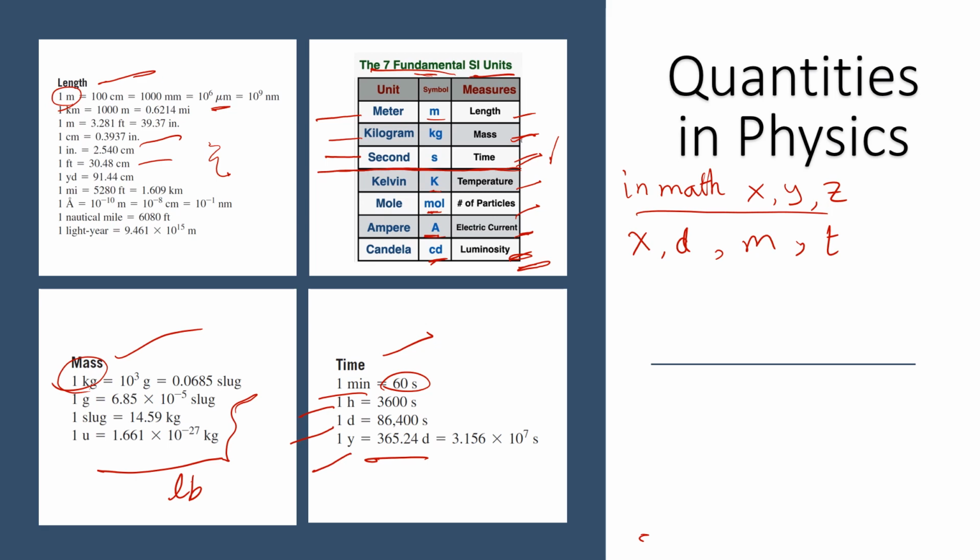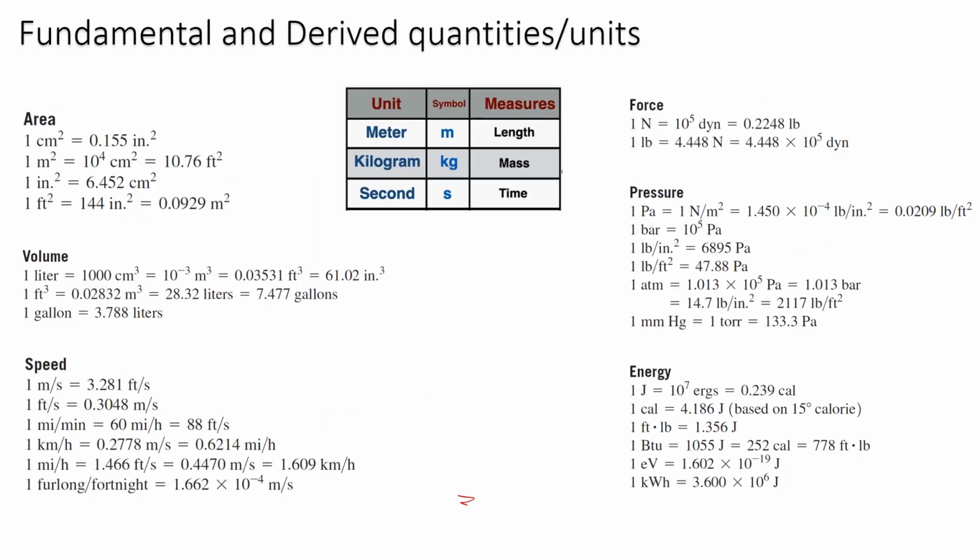Now, in the next slide, I will talk about not the fundamental but the derived quantities. If we look here, we will use again the main three quantities, which are the length, the mass, and the time. These are fundamental quantities. We can derive, for example, from just the length, the area.